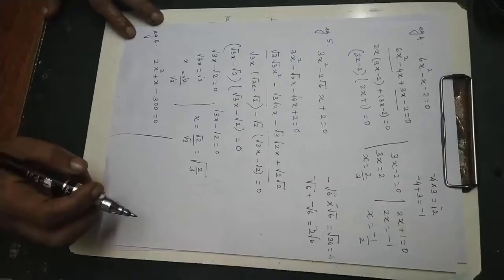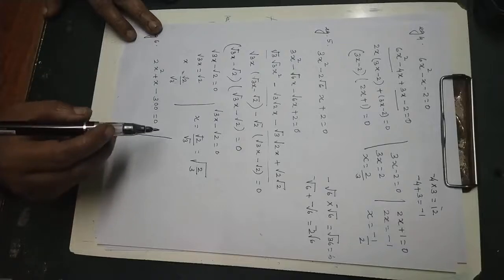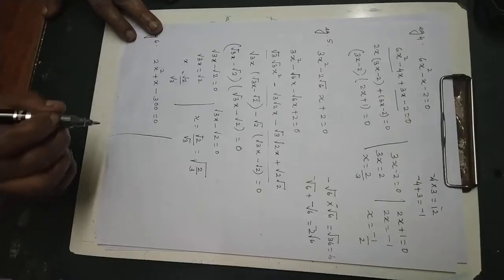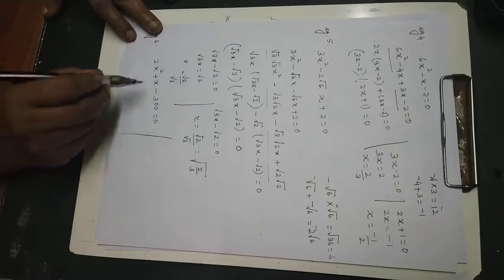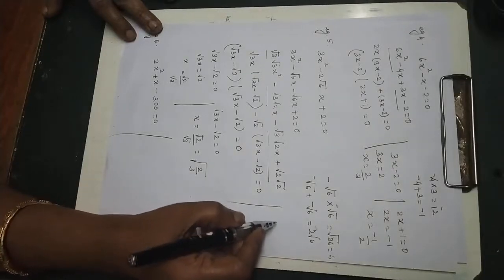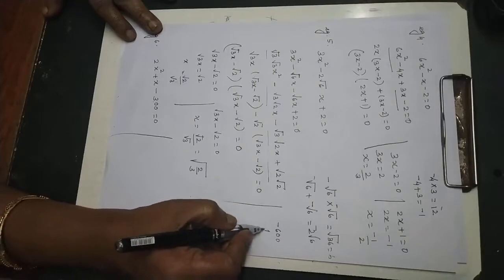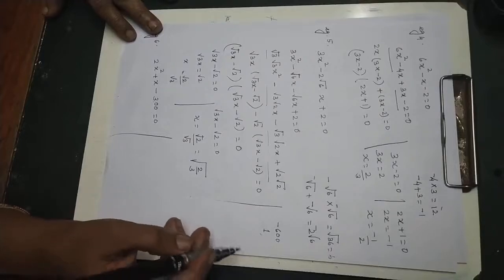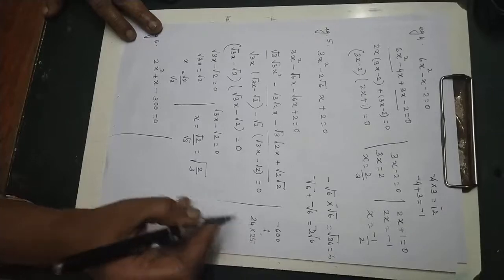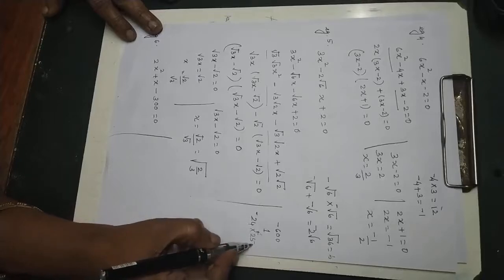So the multiplication should be 600, 300 into 2, that is 600. Then addition should be 1. So you have to select two numbers whose multiplication will be negative 600 and addition is 1. So the numbers will be 24 and 25, negative 24 and positive 25.